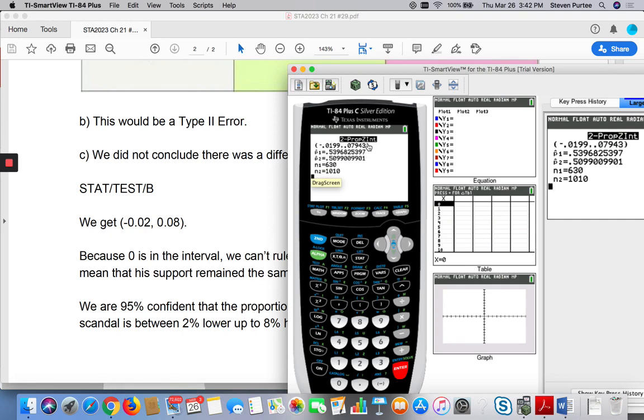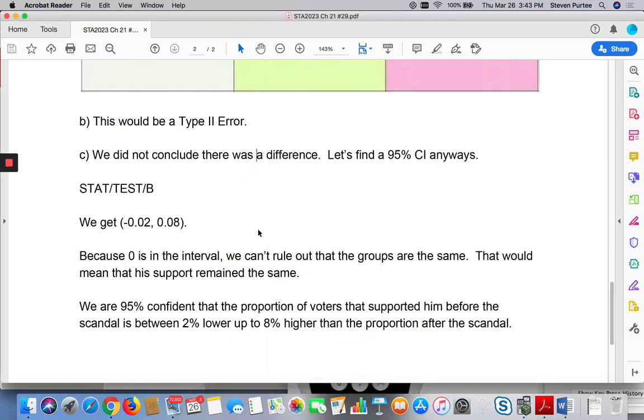So we got a negative and a positive. We can't draw a conclusion about who was better. Remember, your hypothesis or your confidence interval is always how much higher group 1 is than group 2. So what's it mean to be negative higher? That means lower. So because this interval has a negative and a positive, we can't rule out the possibility that the difference was 0.